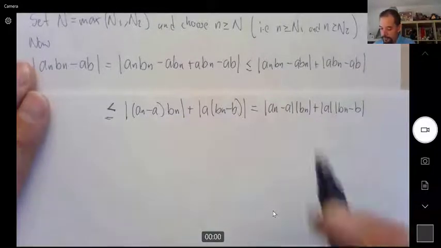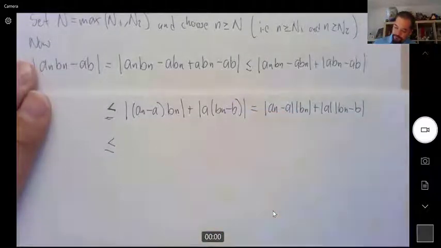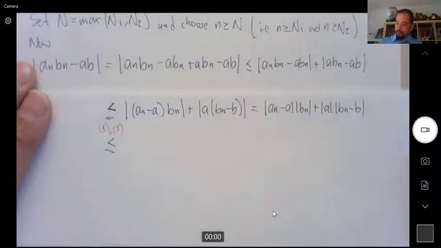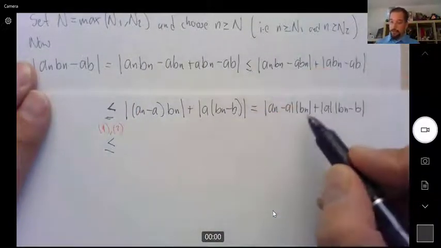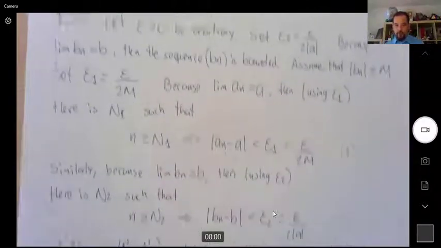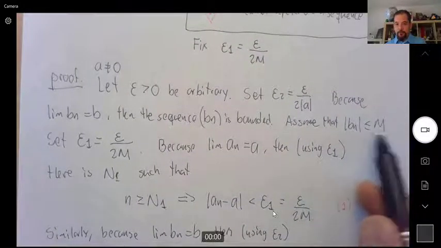Okay, now time to use my inequalities. Where do I use them? Here I'm going to be using 1 and 2, plus one extra piece of inequality, which is that bn is bounded. Remember, bn is bounded? Let's go all the way over here to the top. We said that bn is bounded by M, so we're going to use that one too.